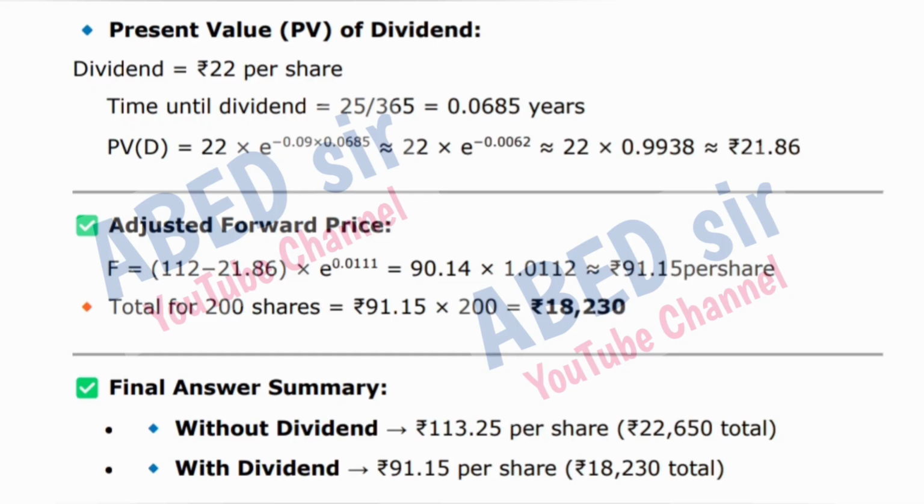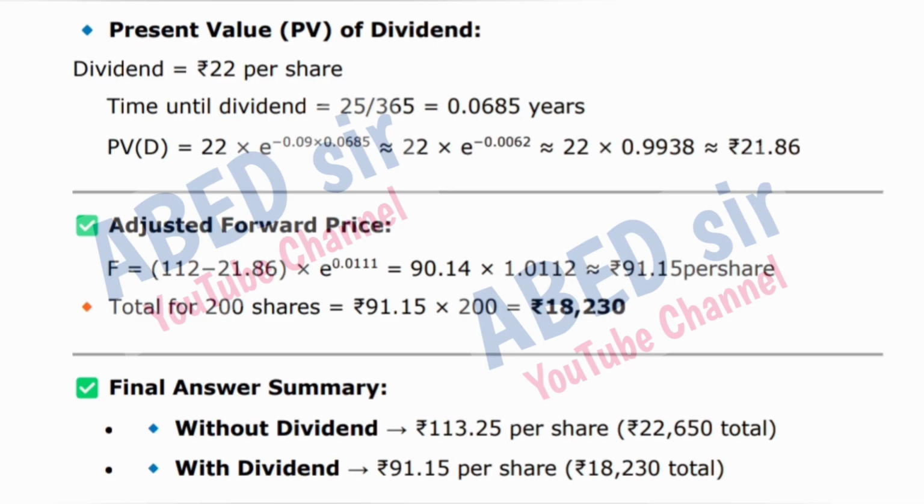Time until dividend is equal to 25 by 365 is equal to 0.0685 years. PV of D is equal to 22 times e^(-0.09 times 0.0685), which is 22 times e^(-0.006), which is 22 times 0.9938, which is 21 rupees and 86 paise.